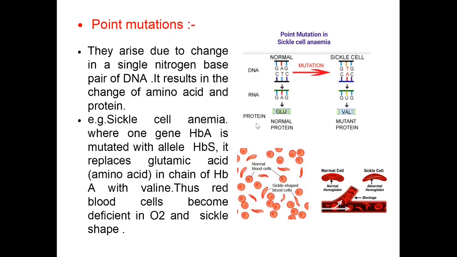For example, sickle cell anemia, where the gene for hemoglobin A is mutated to hemoglobin S. It replaces glutamic acid in the chain of hemoglobin A with the amino acid valine. Thus, RBCs become deficient in oxygen, and due to the tension of oxygen deficiency, they become sickle shaped.